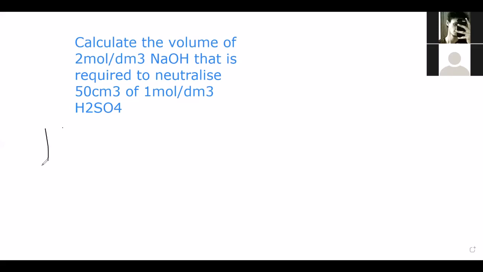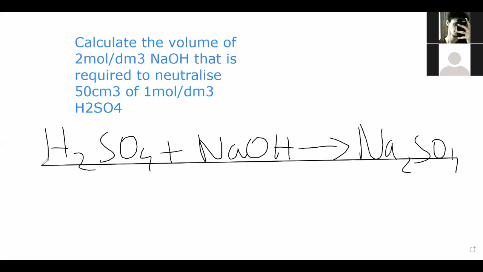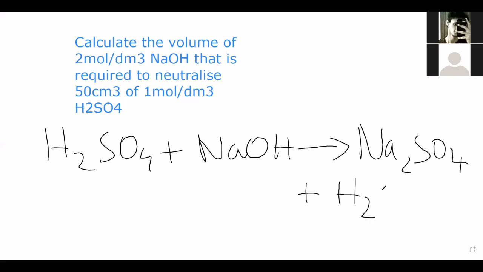So H2SO4 plus NaOH produces sodium sulfate plus water. For balancing this, we multiply 2 over here and 2 over here.